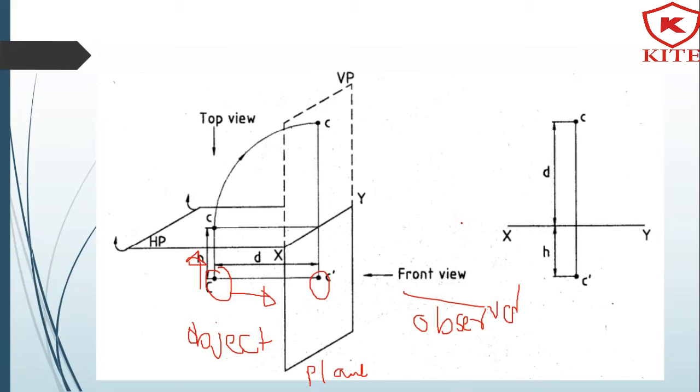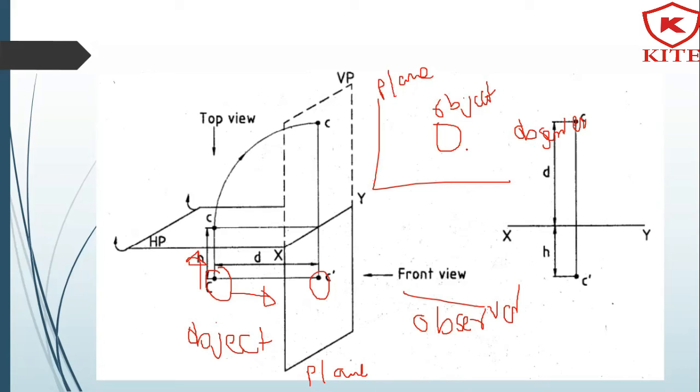While in the first-angle projection system, the reverse: observer, object and plane.